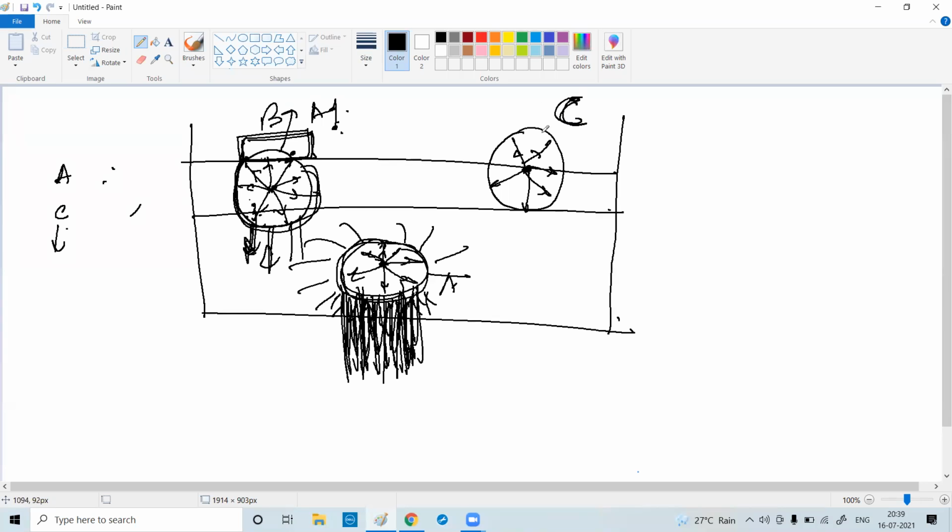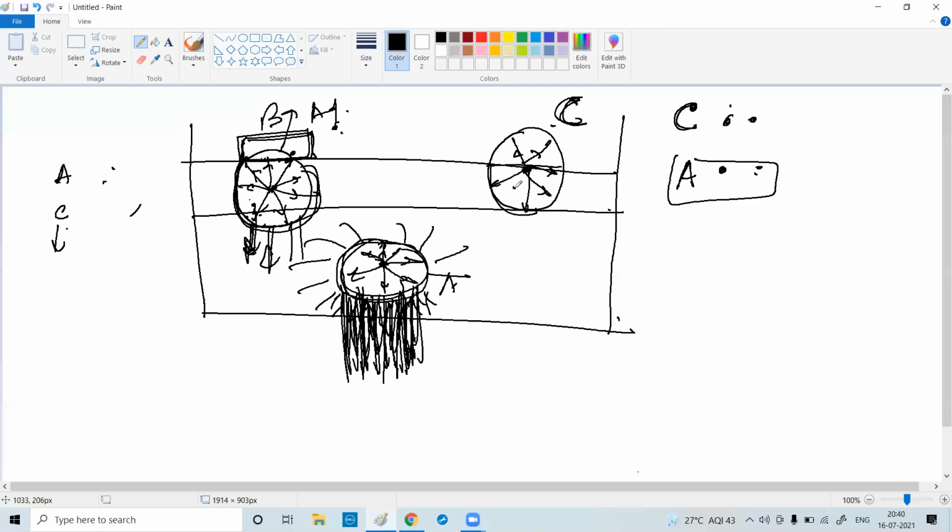We will come to sphere number C. If you see sphere C, half of the sphere is inside the water and half is outside the water. You know very well that the cohesive forces are very high between the same molecule. But if you compare the adhesive force between the two different molecules, it is always weaker than the cohesive force.